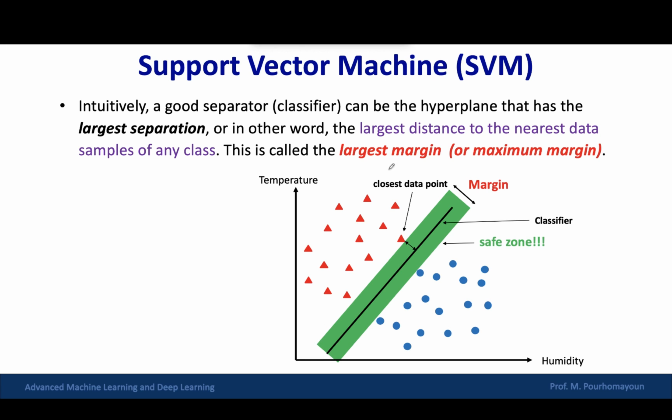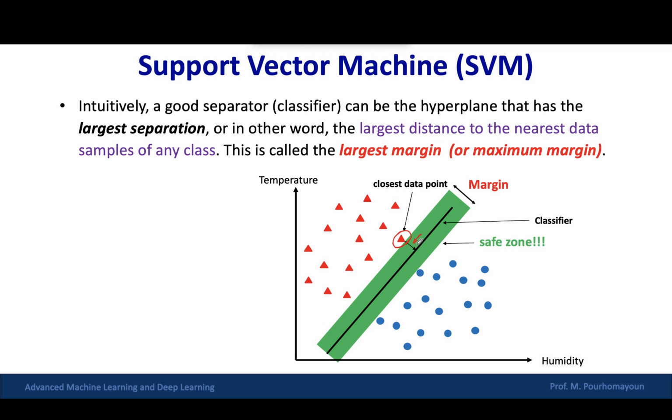A good separator or a good classifier, this black line is our linear classifier, can be a hyperplane that has the largest separation, or in other words, the largest distance to the nearest data samples of any class. So look in this picture, this sample is the closest sample to this line.